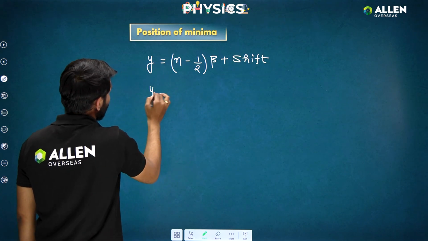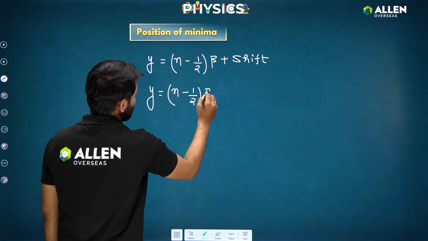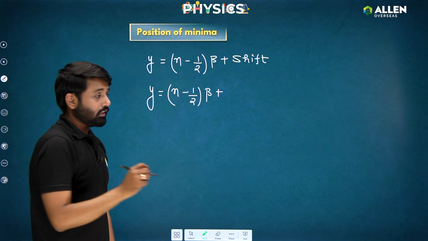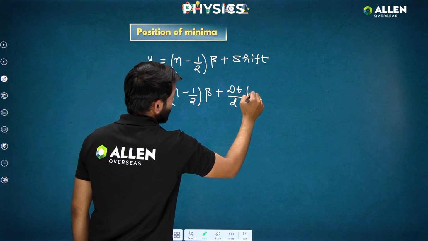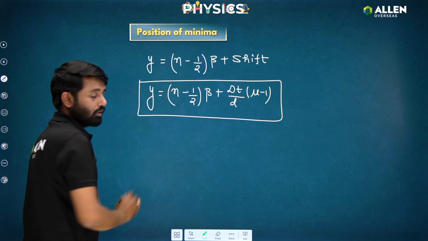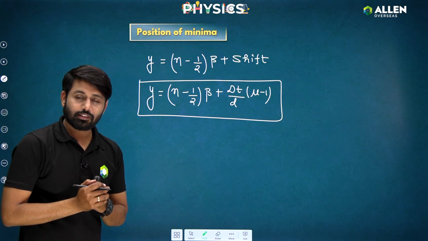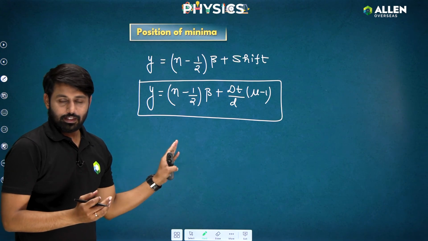Yes or no? So y is equal to (n minus 1 by 2) beta plus shift, dt divided by small d (mu minus 1). So these are the position of your minimas. Is that clear, students? So hope you all understood till here, right?